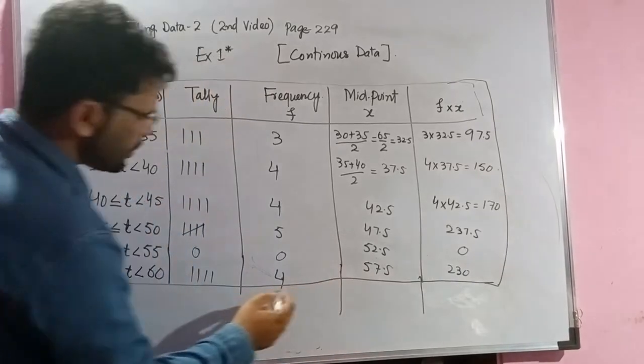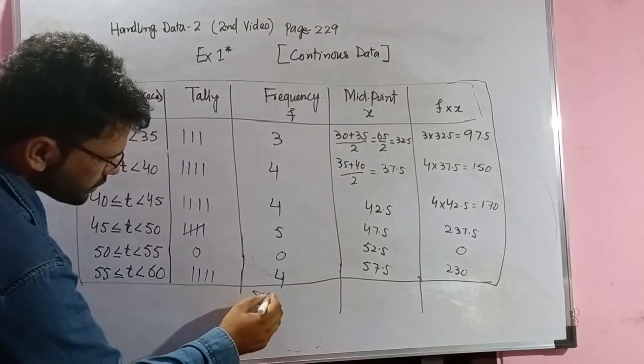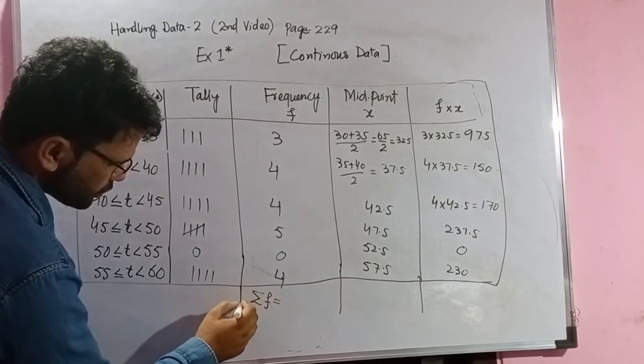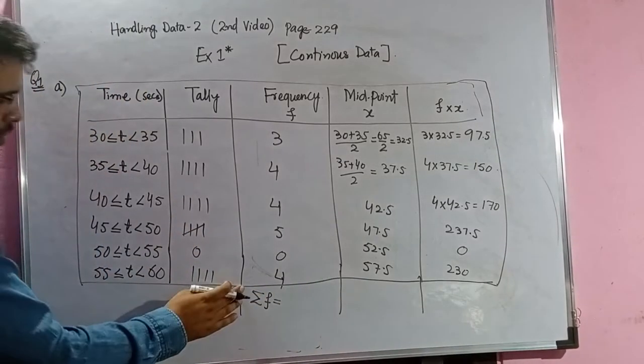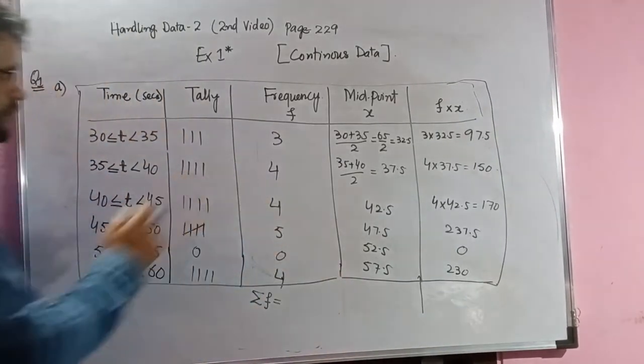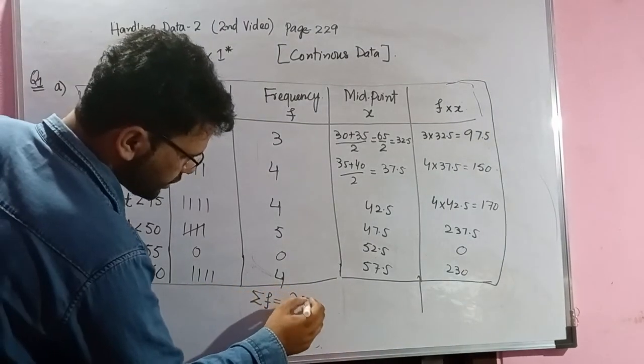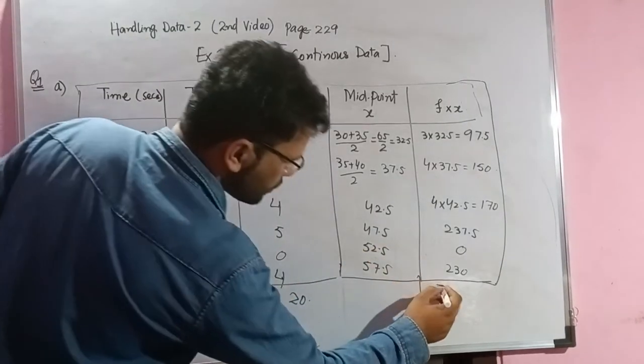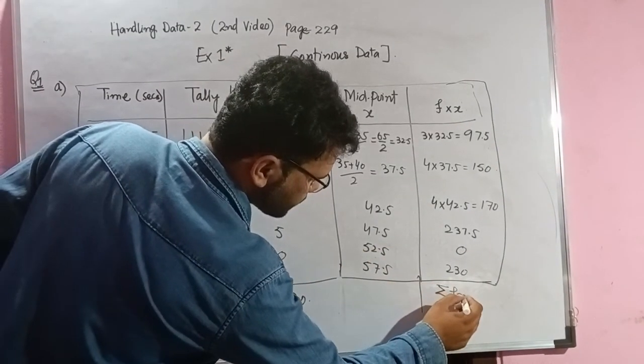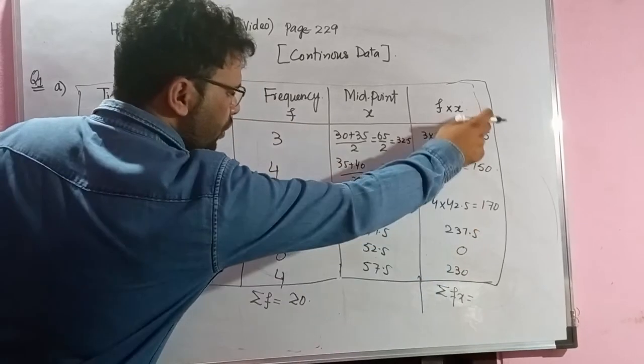Now we need to find sigma f, the total of this. How many children are there? It's 20. That's how many pupils there are. Now we need sigma fx, the sum of all values.